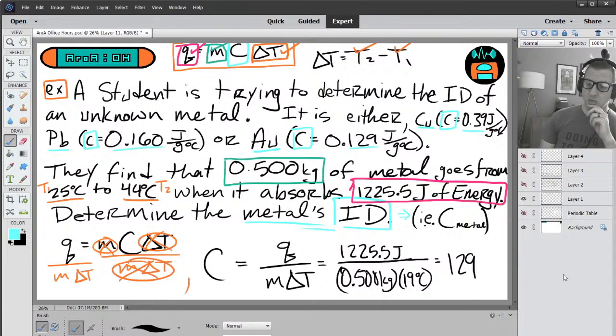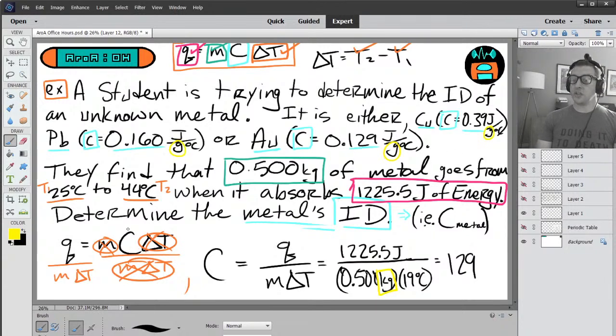This might be disconcerting until you recognize that the mass that we plugged in was in kilograms, but each specific heat capacity given was in units of grams.